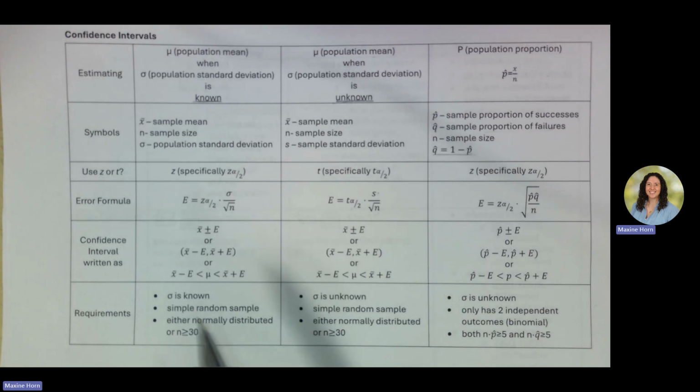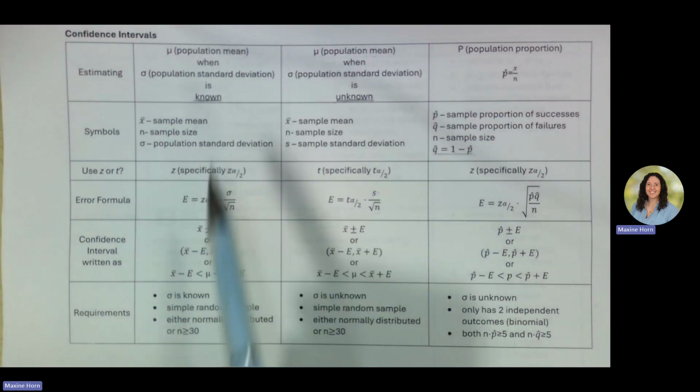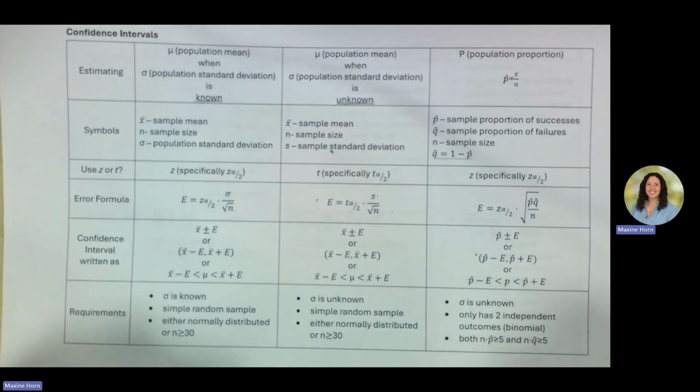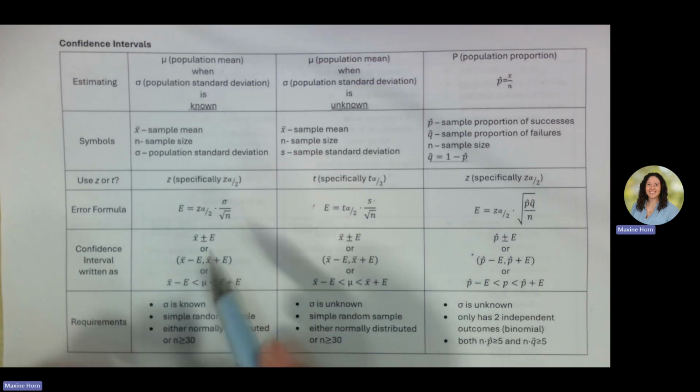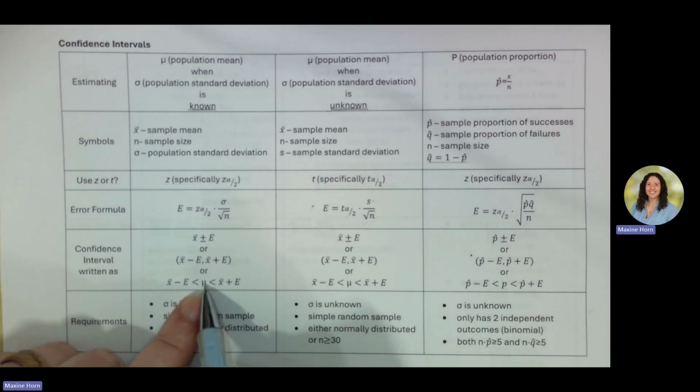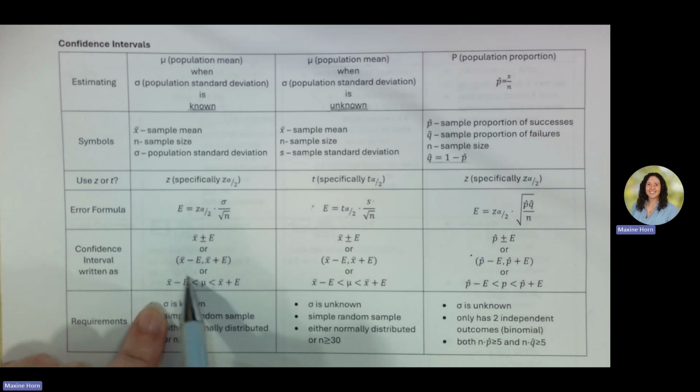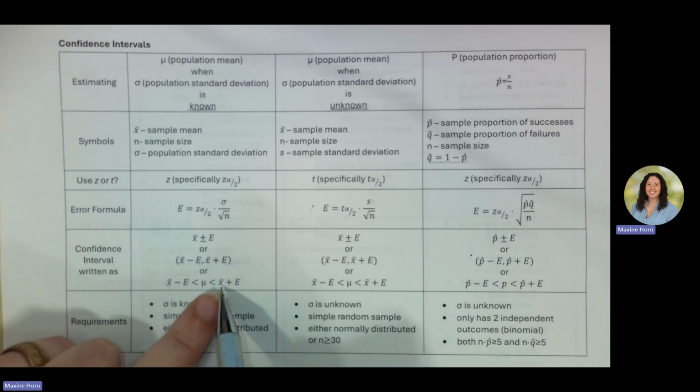Okay, so then we have different ways that we can write our confidence interval. So if we're talking about the means, then we're saying that the true population mean falls somewhere in between, and then you're creating a number here, right? You're putting whatever your sample mean was minus your margin of error, and your sample mean plus your margin of error.